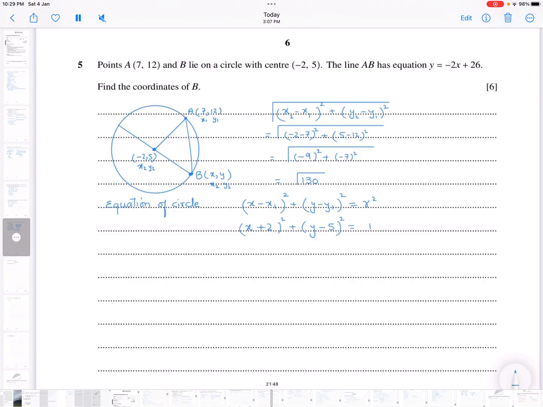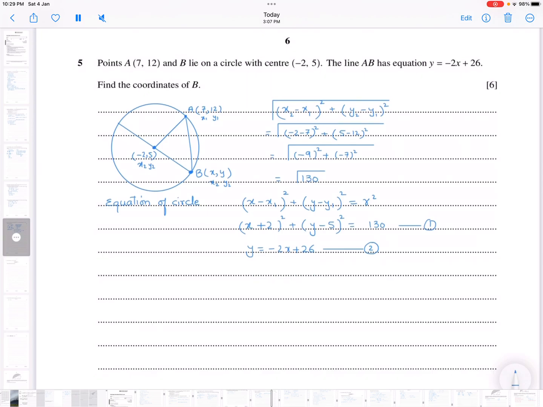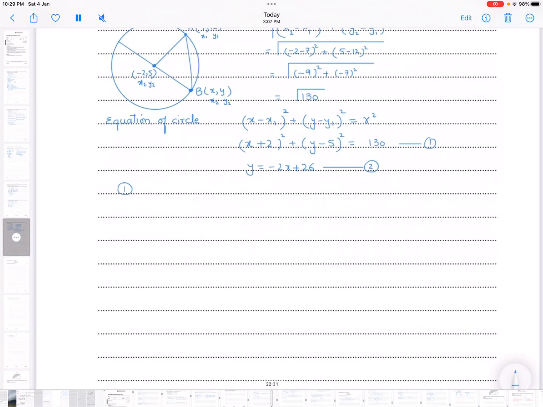So radius is r squared, so you write just 130 because the power 2 will remove the square root sign. So this is your first equation and this is your second. Now equation 2 will go into equation 1, where you see y is written in the circle equation.